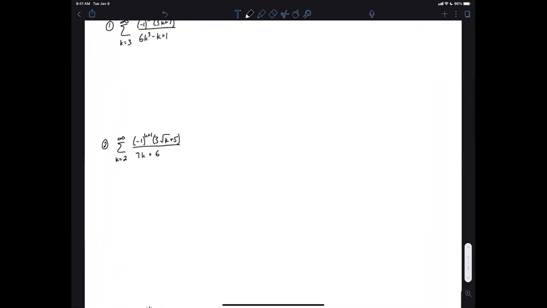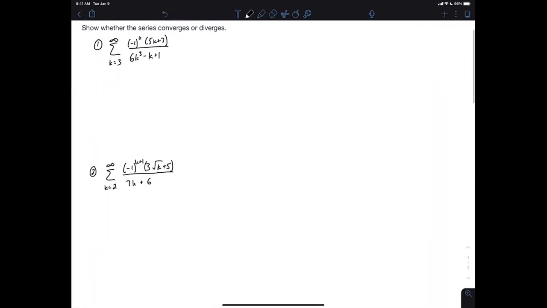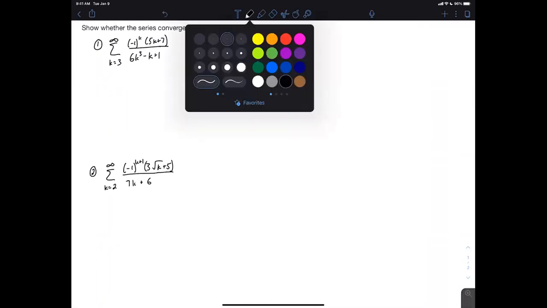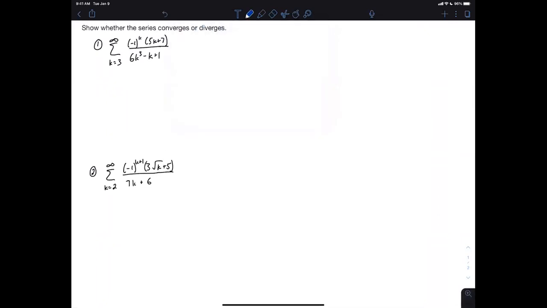Okay, so I do want to talk about the alternating versions of these, which is what we were talking about yesterday. I want to go through them relatively quickly because we did go through the rationale of these yesterday. We should start by considering the absolute value. So we say, okay, consider the sum of the absolute value of a_k, which is then the sum of 5k plus 7 over 6k to the third minus k plus 1.